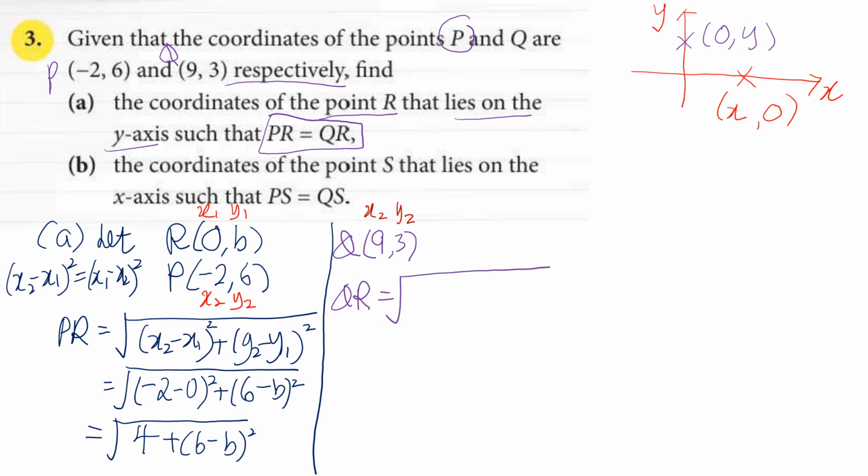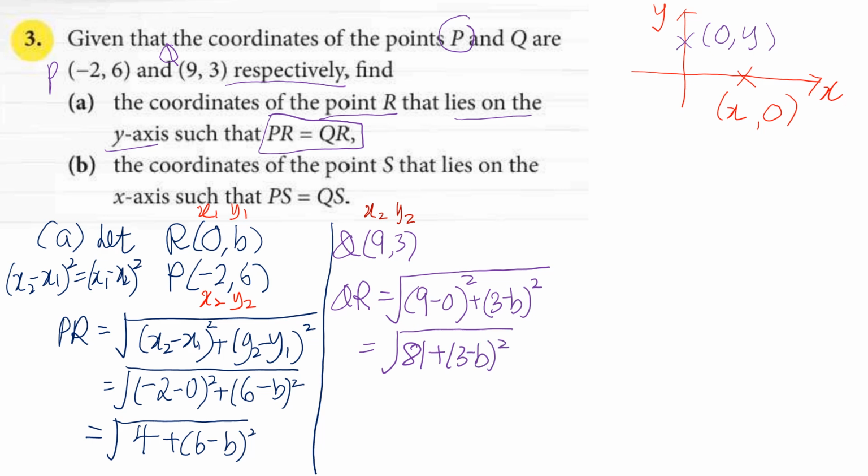I've already written down the formula once, so I don't think I need to write it again. So that will be 9 minus 0 plus 3 minus b. Be careful, you're finding QR, you're not finding QP. So that's why you need to be quite systematic in the way you write out your solution. And that will give us 81 plus bracket 3 minus b squared.